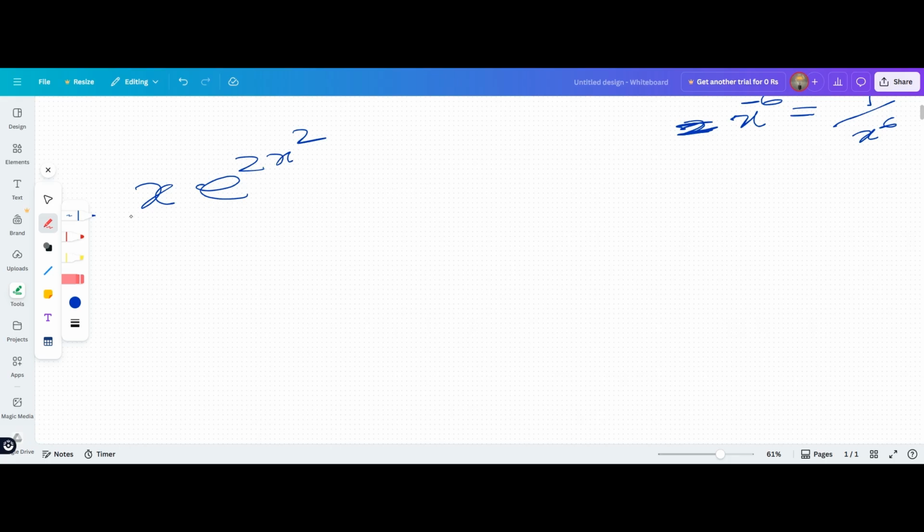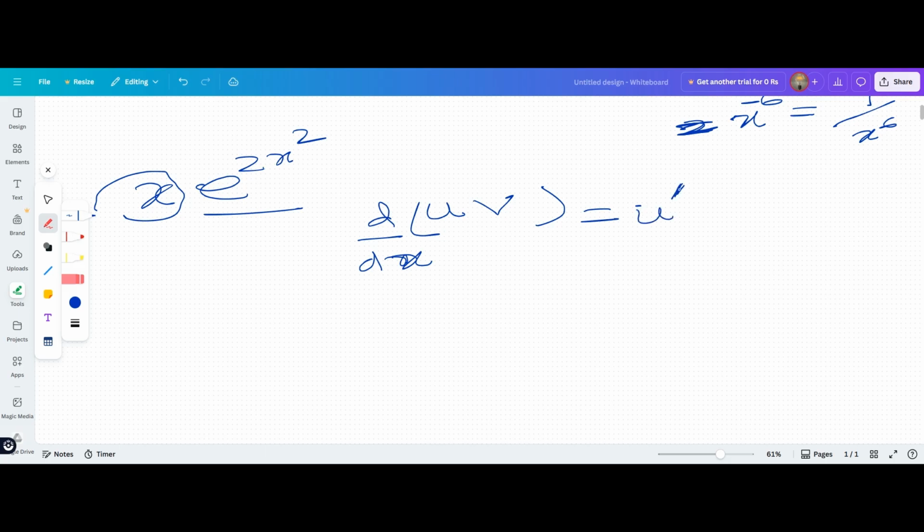Again, if you look at this, there are two terms. One is x, the other one is e to the power. So two terms getting multiplied. Let's say u is one term and another term is v. If two terms are getting multiplied and you want to differentiate it, the formula is u dash v plus u v dash.